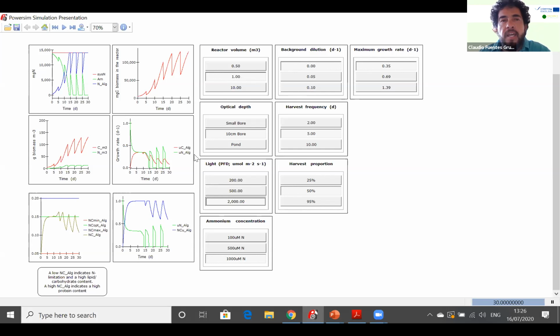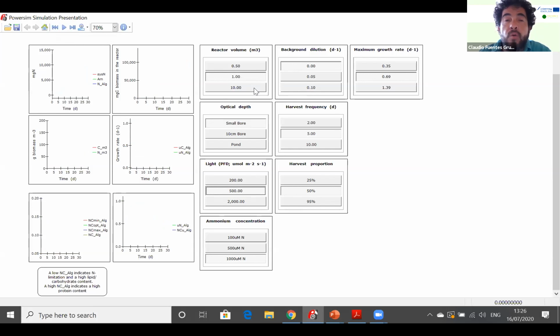For instance, we can also try to mimic what is going to happen with a pond. A pond is normally a really high volume, so we're going to choose a reactor volume of 10 cubic meters, 10,000 liters. In this case, yes, we have a background dilution, which is the evaporation, because it's an open system. So let's say that we have 5% evaporation on a daily basis.